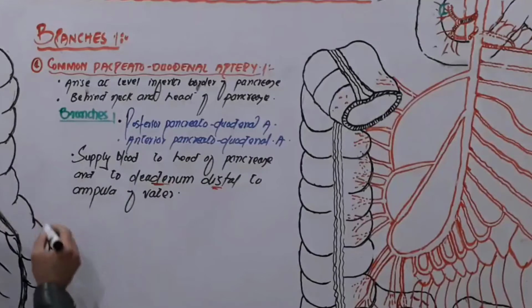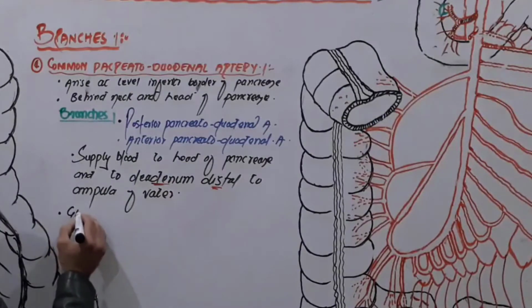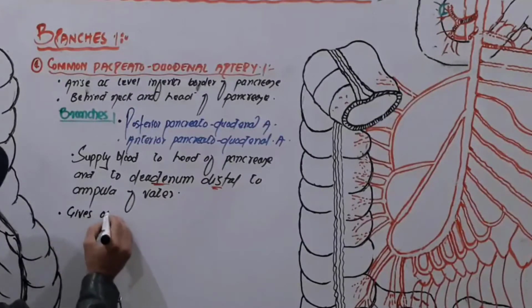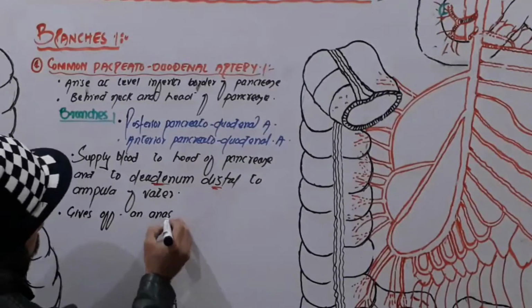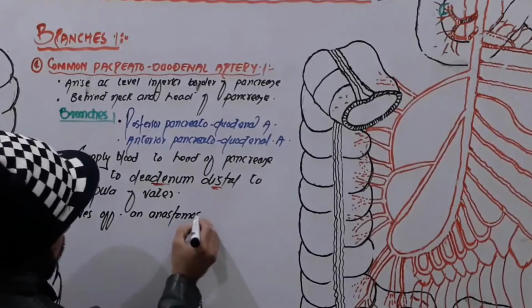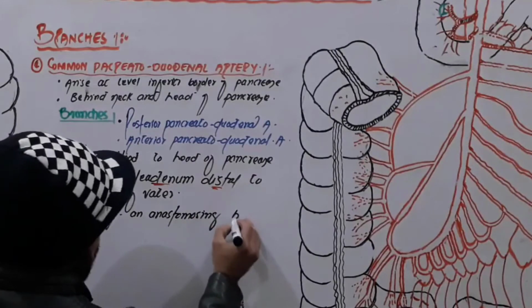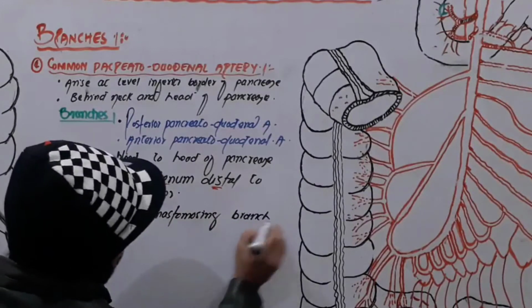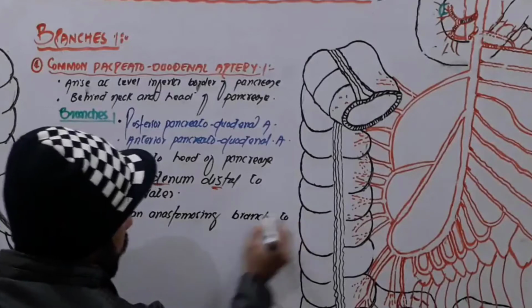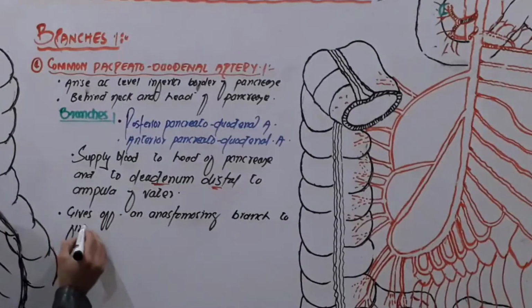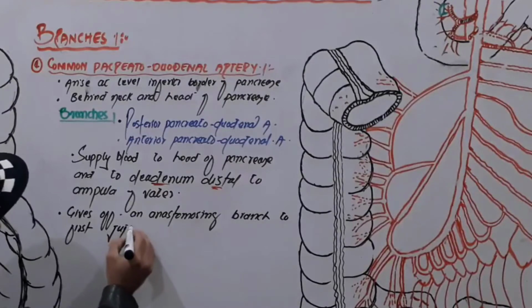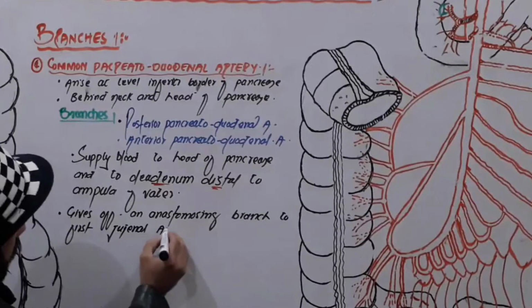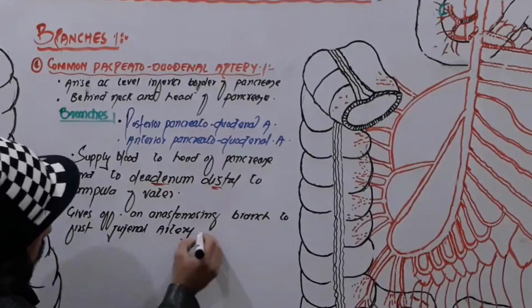So let me write also here that it gives off an anastomosing branch to the first jejunal artery. Clear?